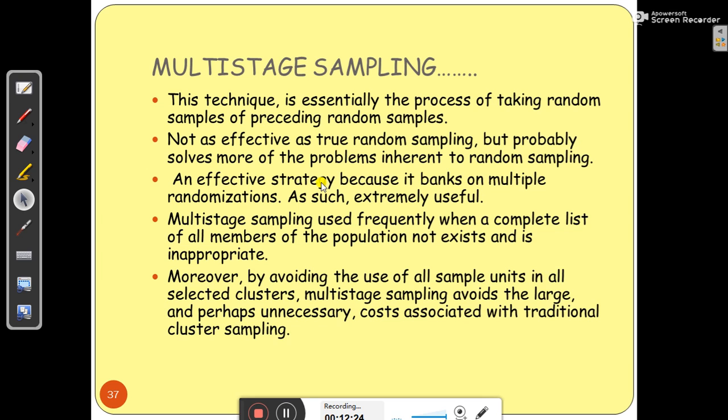Then obviously you need to go in a random way to choose the initial list in the first stage itself. Then you can go down to create the second list or second stage, and then onwards to find the ultimate instances for your population.